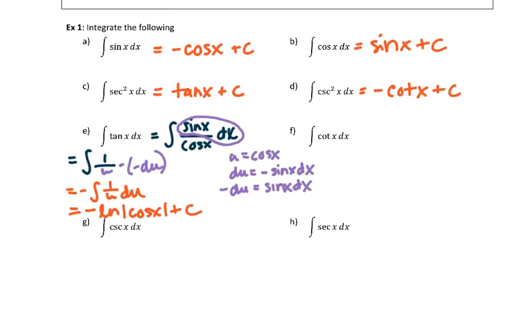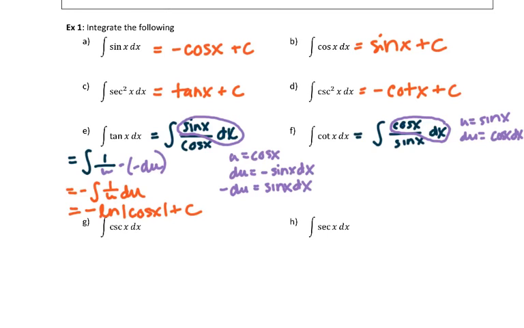Of course, it's just going to be flipped. So for this one we're going to get the integral of cosine x over sine x. And again, that denominator is where we're going to go. So I'm going to let u equal sine x. So du equals cosine x dx, which I have right here. So I don't actually have to do anything crazy here.